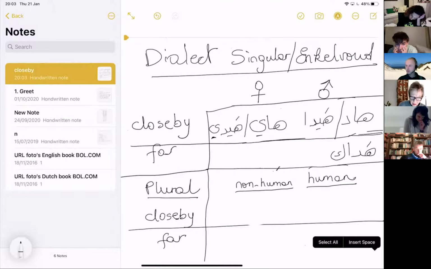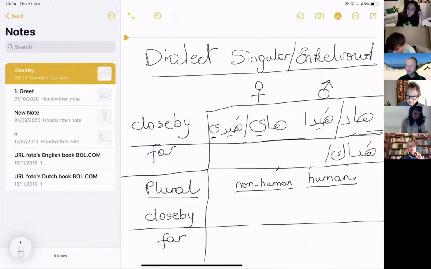And hadak is also pronounced by some people as haydak. I don't know if you hear the difference. For us Arabs, we barely hear it, hadak or haydak. Exactly like hayda, but with a k at the end.